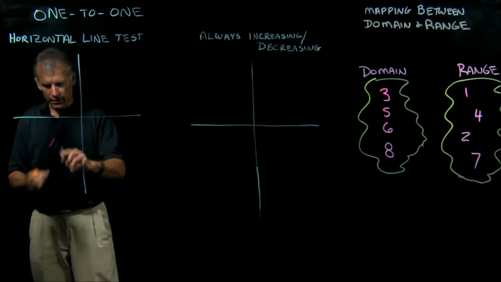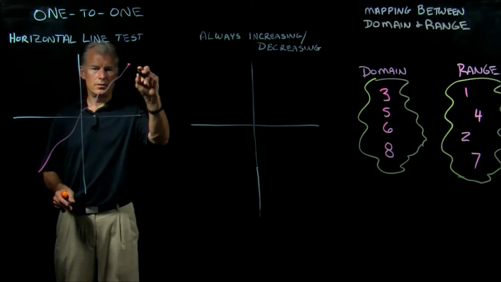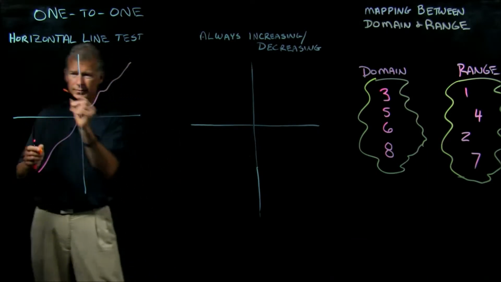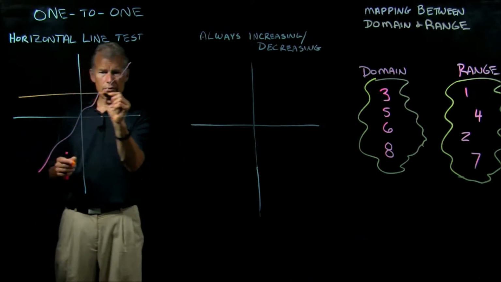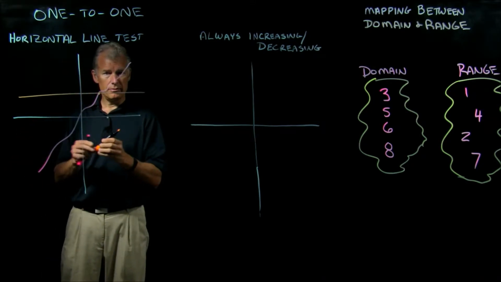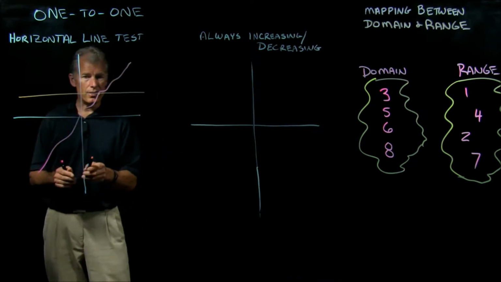So if my graph looks like this, you can see I could draw a horizontal line anywhere through here, and it only crosses my graph once. This is very much like the vertical line test we use to determine if something was a function or not.